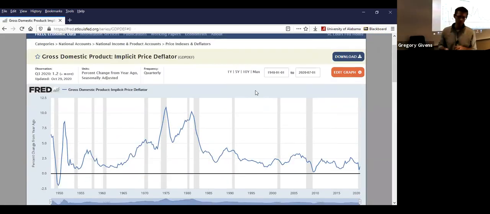This would make more sense. Okay, sorry about that. I had the wrong data. Okay, so this is the gross domestic product deflator, measure of inflation.